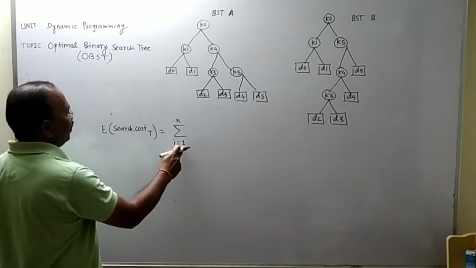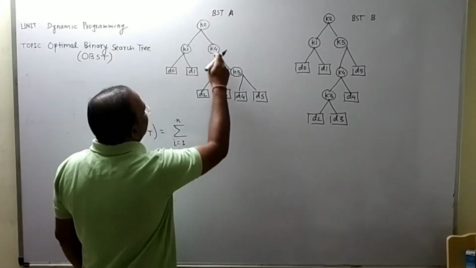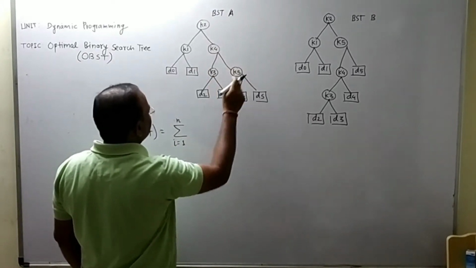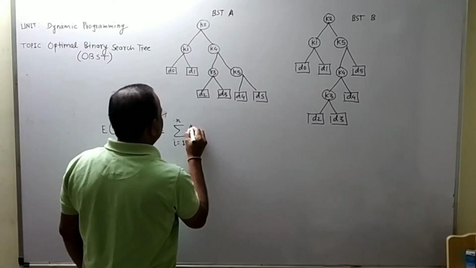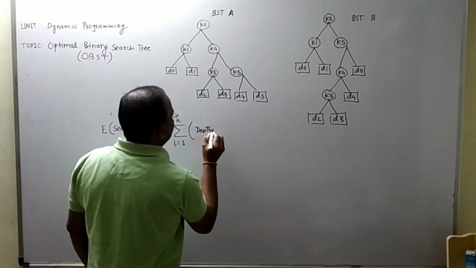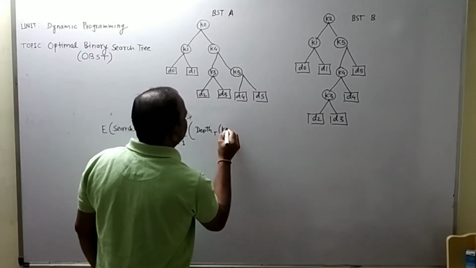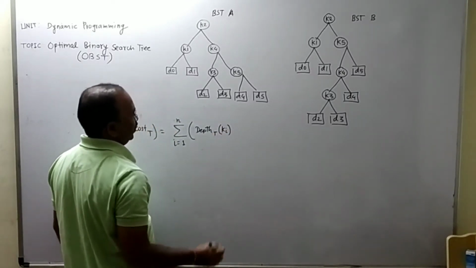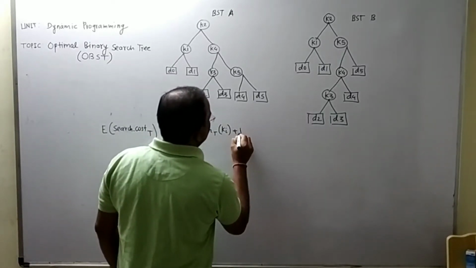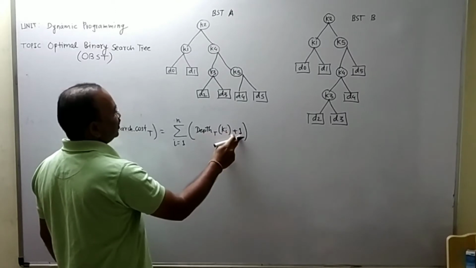We start from 1. First we have to locate the particular key using depth T of Ki plus 1. If you add 1, you will get that key.